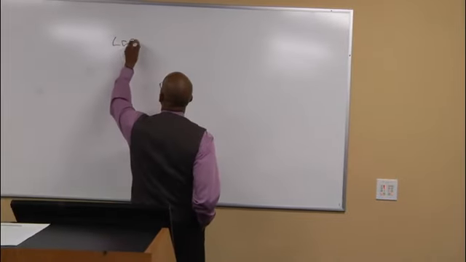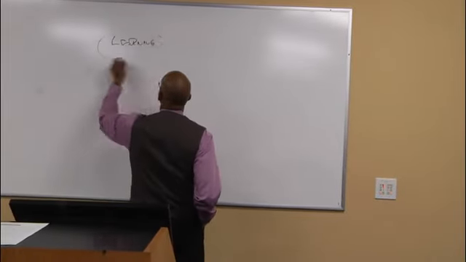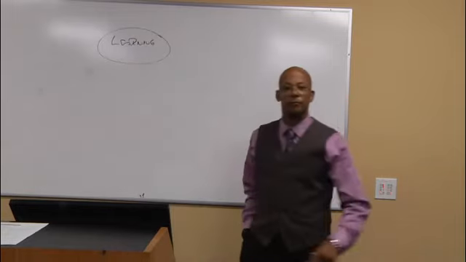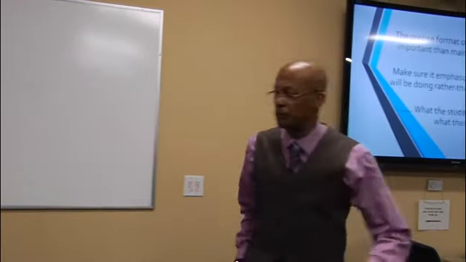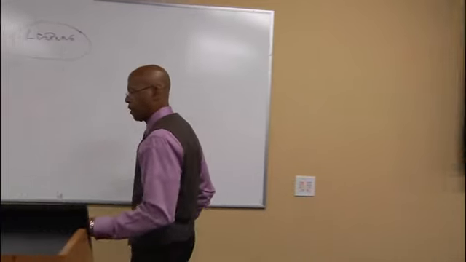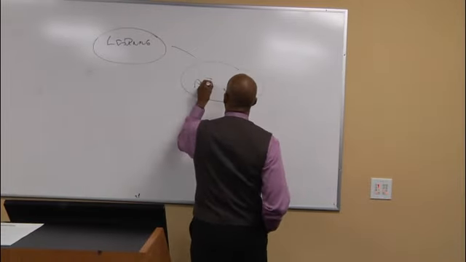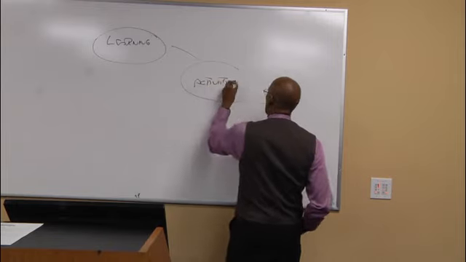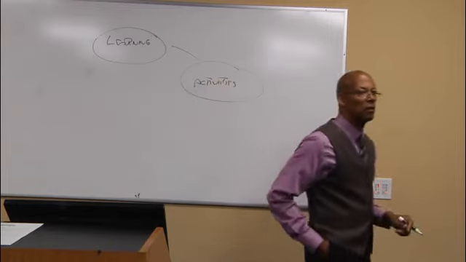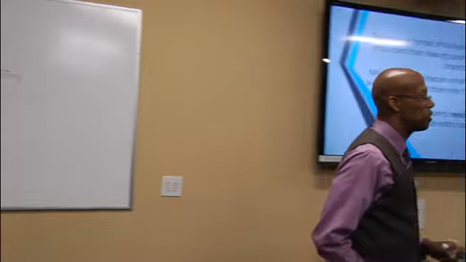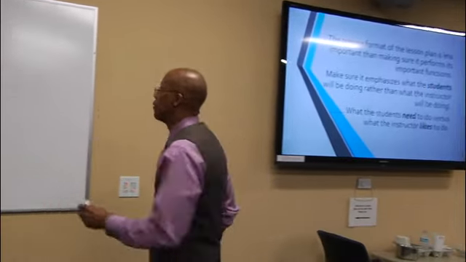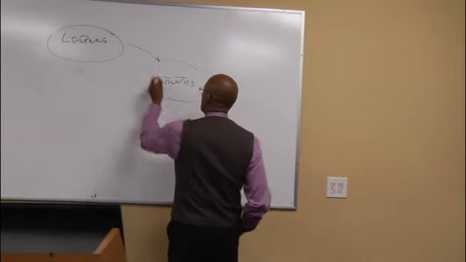First of which is, what is the student going to learn? The second thing it should outline is what activities are going to be used to help you assess that learning.